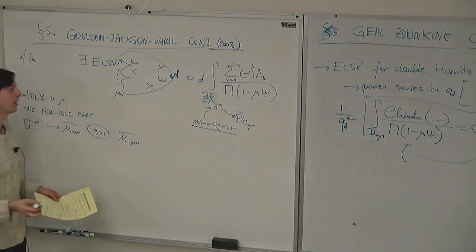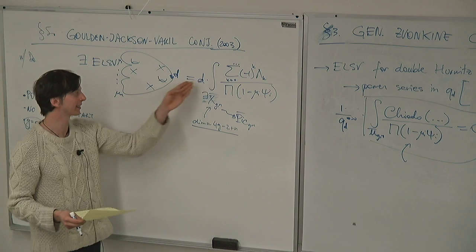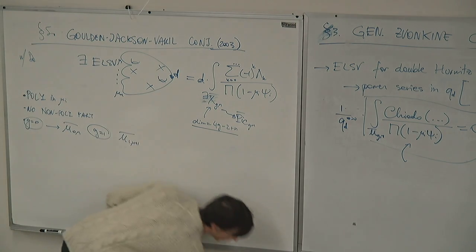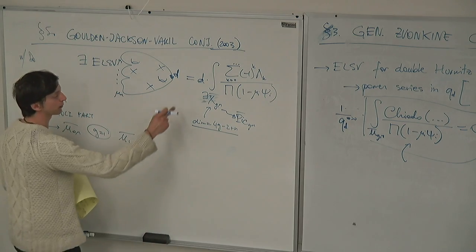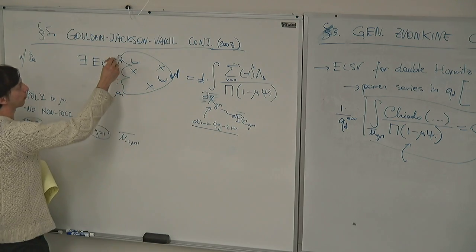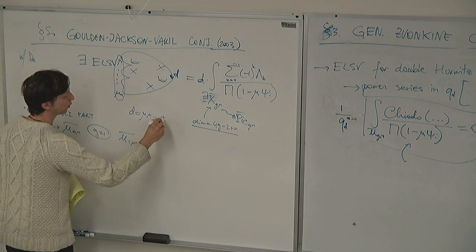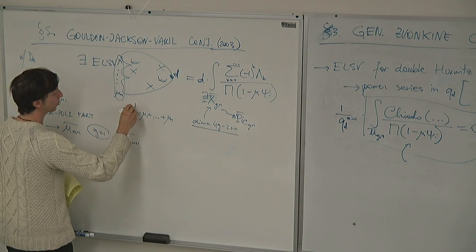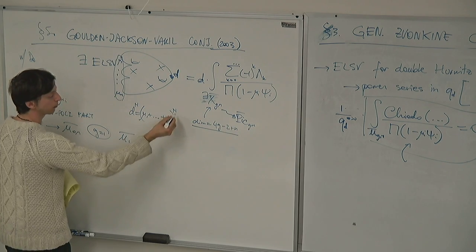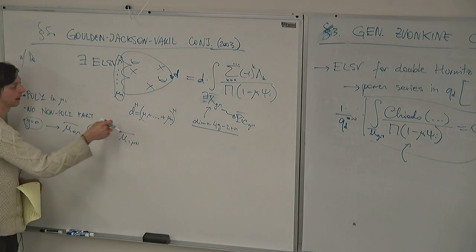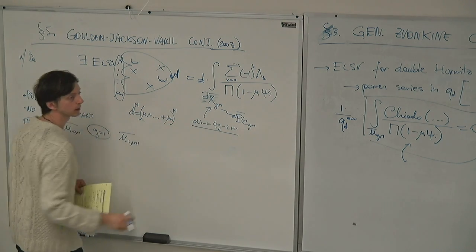So the dimension of the space suggests something about the degree of the polynomial. However, we find an ELSV formula that is maybe not what they want, but in which many powers of the polynomial in the mu_i come from D. You can see D as mu_1 plus up to mu_n. So if you have D to a big power, you expand it, and you find the degree of the polynomial coming from a combinatorial term instead of the dimension of the space.